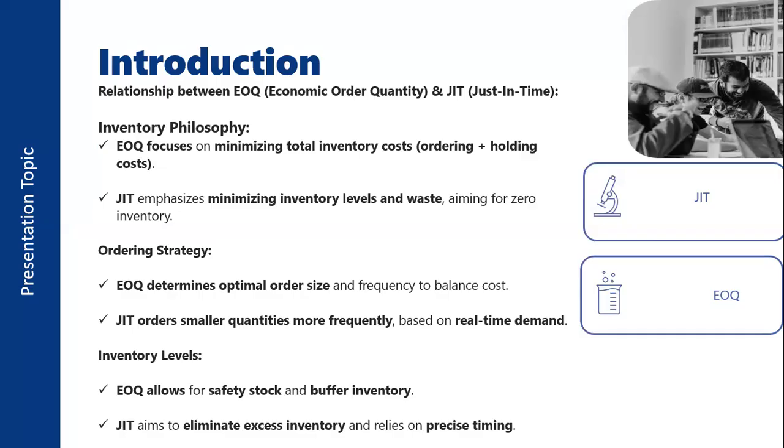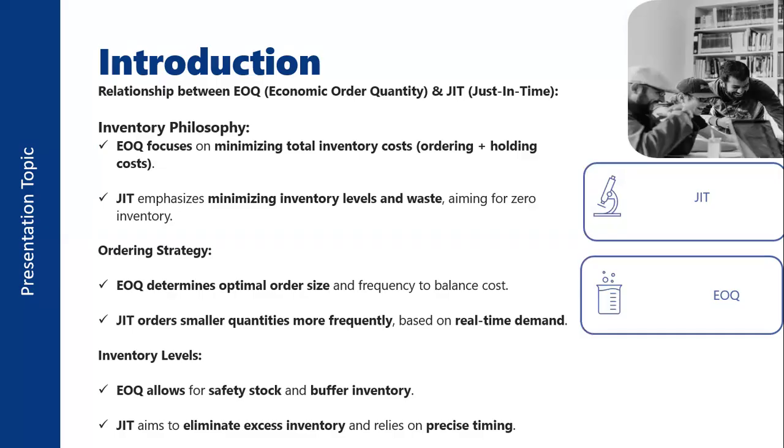These two basically mean the cost of orders and the cost of storage in plain and simple terms. There are many other explanations, but these are plain examples of this formula. On the other hand, GIT emphasizes minimizing inventory level and, most importantly, wastage. This is the main philosophical difference between EOQ and GIT.